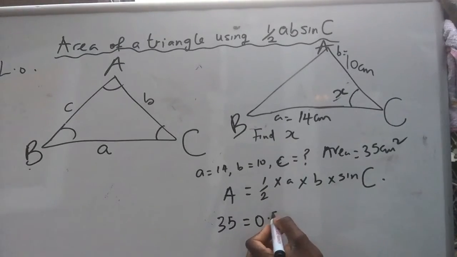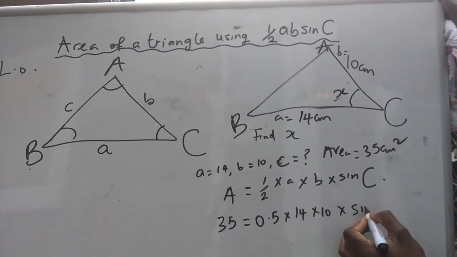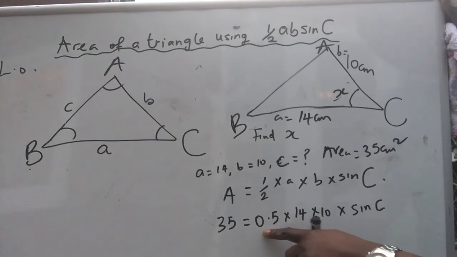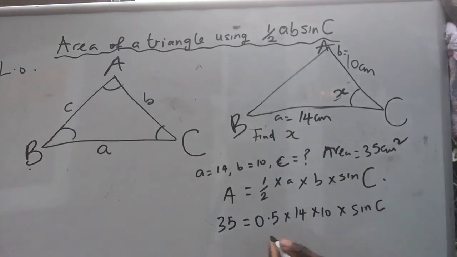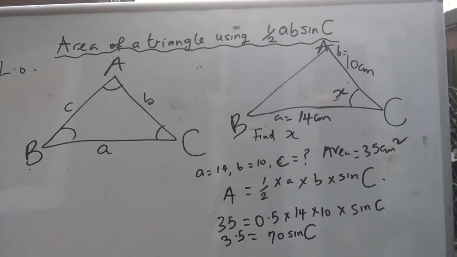Half I can change to 0.5, times 14 times 10 times sine C. Well, all of these should give me half of 140, which is 70 sine C equal to 35. Okay, what did I do here? Multiply 0.5 times 14 times 10, 70 times sine C. And that is 35, not 3.5, 35.